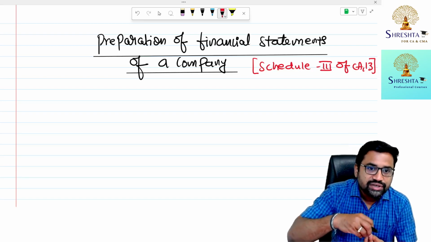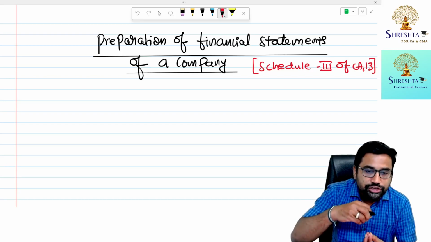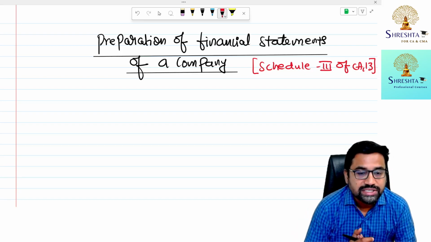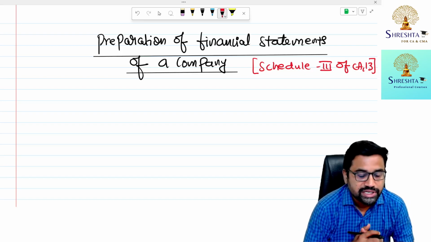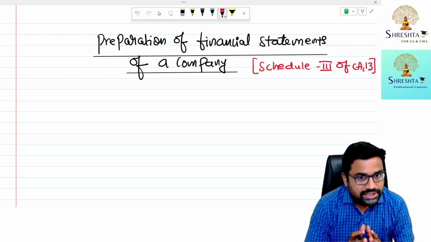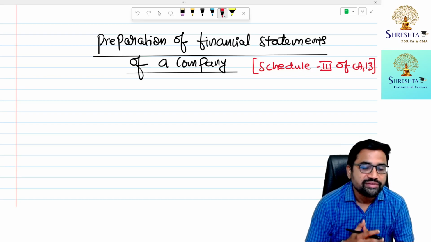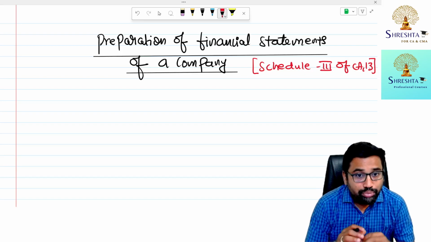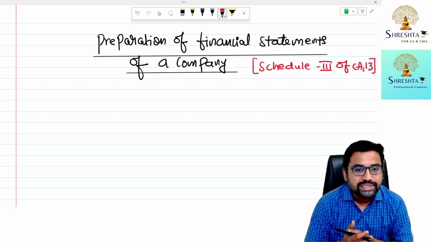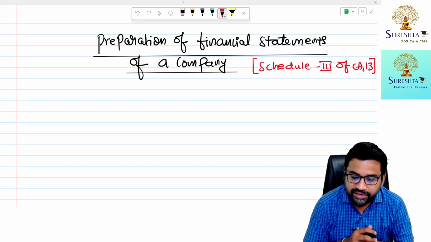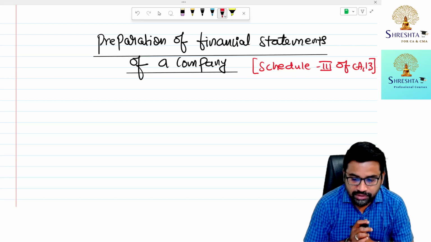These instructions given in Schedule 3, we have to follow while we are preparing and presenting the financial statements. So both things, preparation and presentation, are covered, and as per Schedule 3 we have to prepare and present the financial statements.